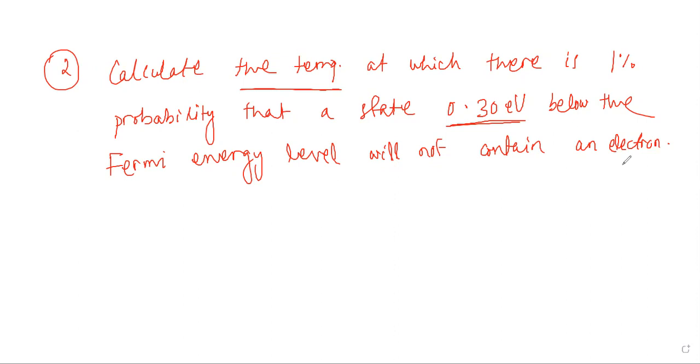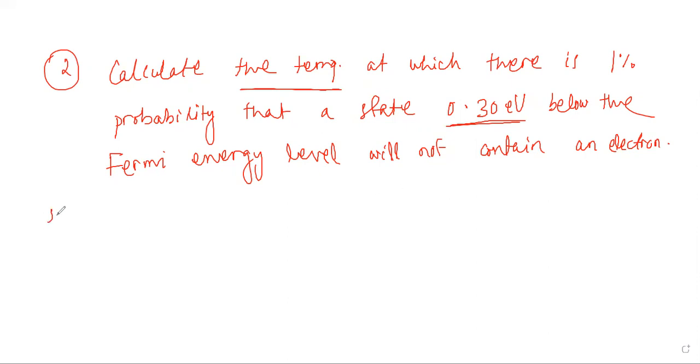The Fermi Dirac distribution function F(E) gives you the probability of finding the electron in a state, so not finding the electron means you need to find 1 minus F(E).